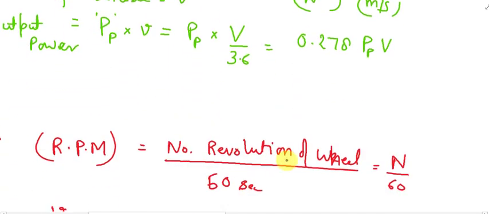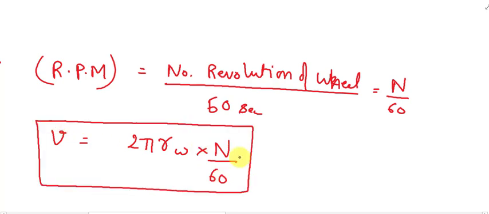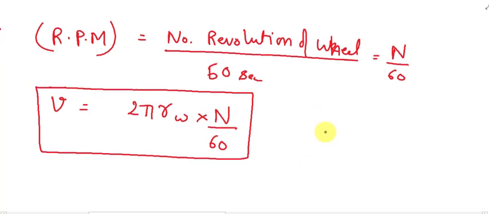So this v is related to this RPM formula like that: 2 pi Rw is the circumference of wheel multiplied by RPM, and RPM in this case is N upon 60. But this N is not calculated by your RPM meter, because in the RPM meter of the vehicle the N is related to your crankshaft revolution. So how do we calculate the crankshaft revolution?